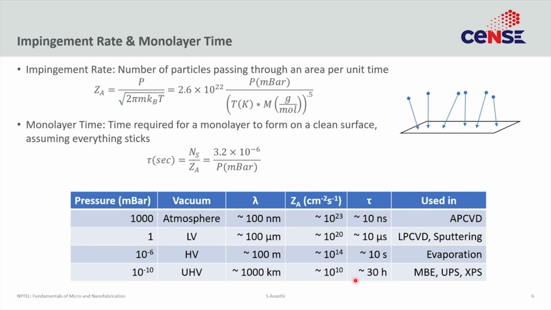The only sane way of doing the characterization would be to do it inside a chamber where the time of the monolayer is much larger than the time it takes for you to take the image, because only then do you have a good chance of actually looking at your sample and not just the crud that gets deposited on top of it. So this is why a lot of the characterization equipment like UPS, XPS require you to have ultra high vacuum. PVD does not. PVD is happy with these sort of times, but it's still to give you some context.